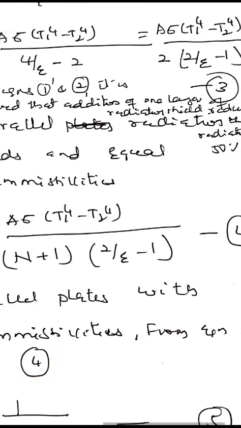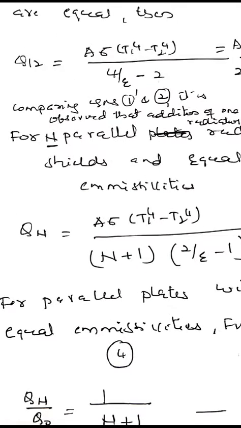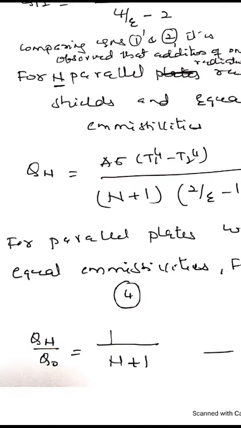Comparing this equation 4 with equation 1 dash, it is found that heat transfer with radiation shield divided by heat transfer without radiation shield is equal to 1 by (n plus 1), where n is the number of radiation shields. This is all about the radiation shield. Thank you.